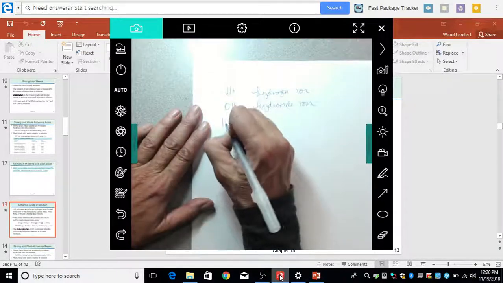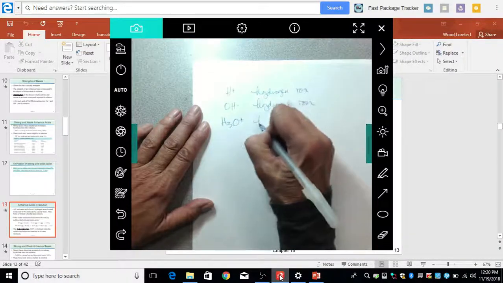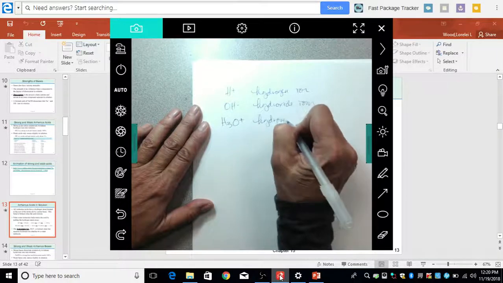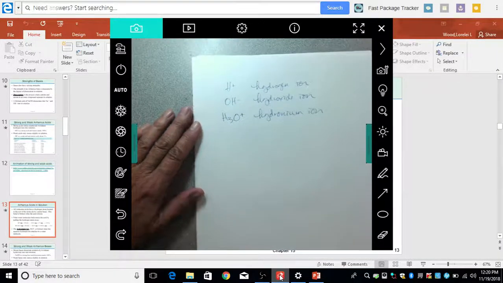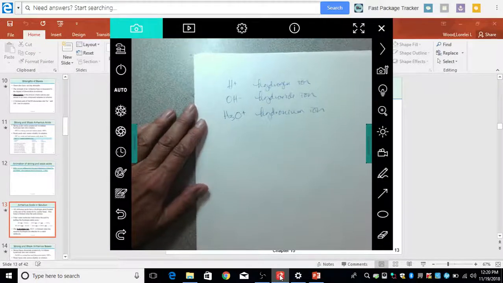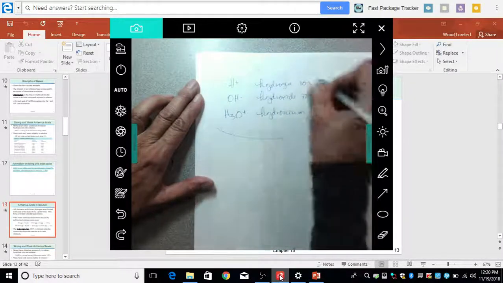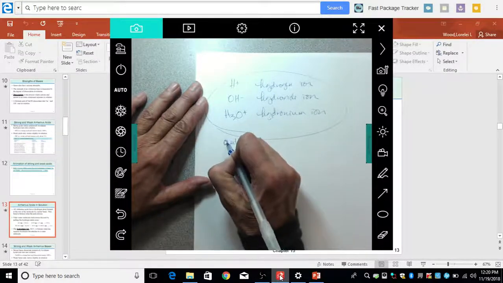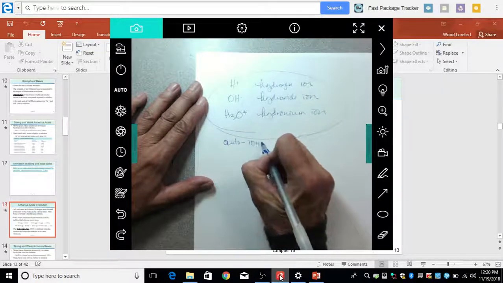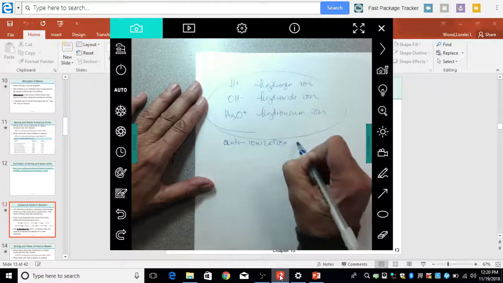And this thing is a hydronium ion. All right, so some really interesting terms that are just a little bit alike. And this all relates to what we call the auto ionization of water.